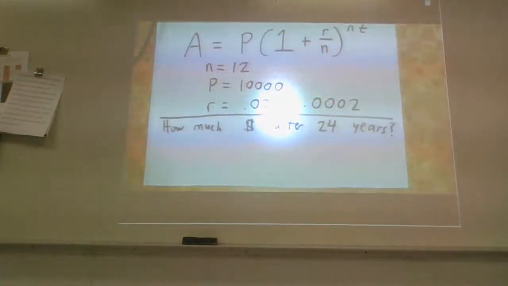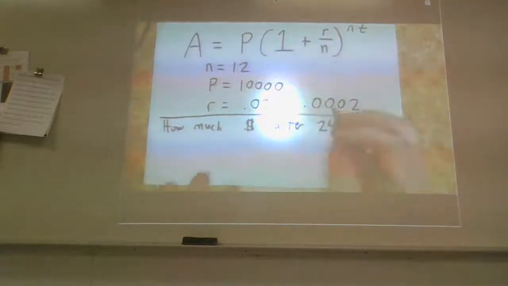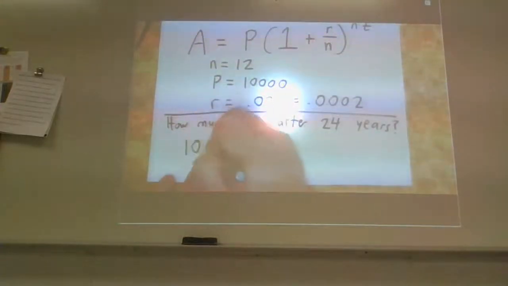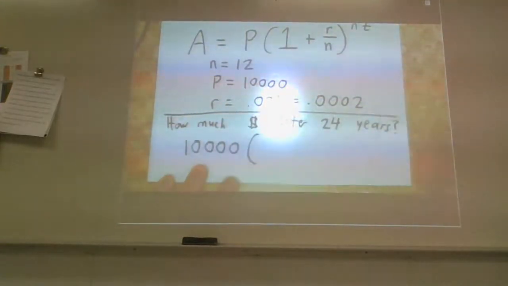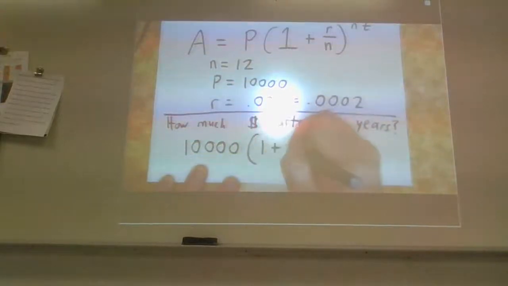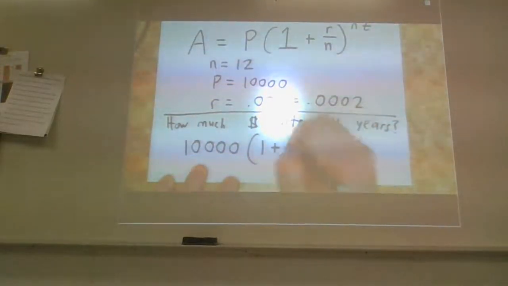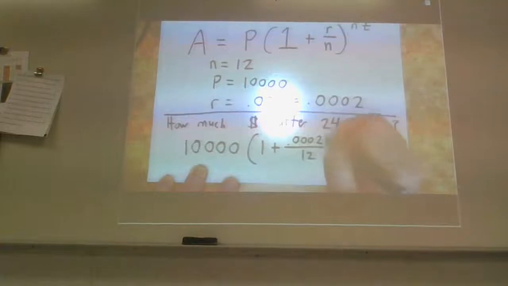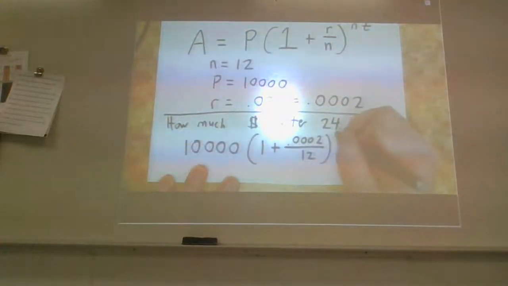After 24 years, you would think that you're going to have a good chunk of change. Let's see. And I'm going to show you how you would type this into the calculator. You got to make sure that this stuff is typed in correctly.